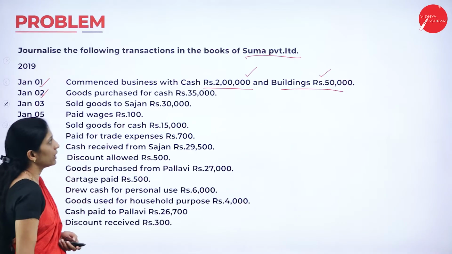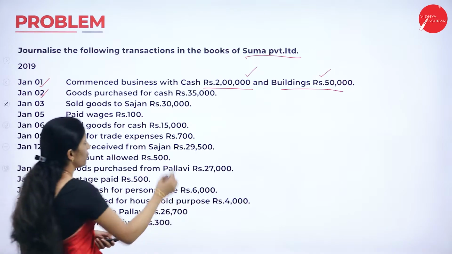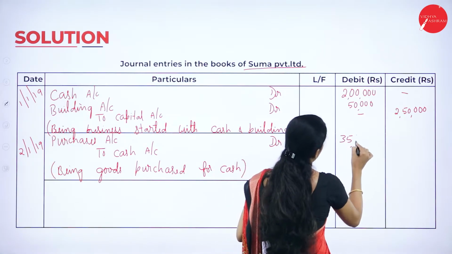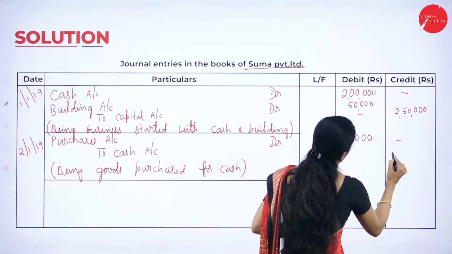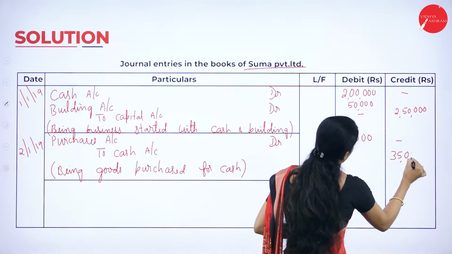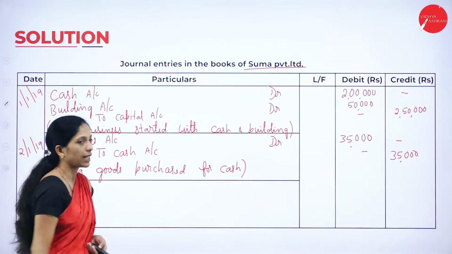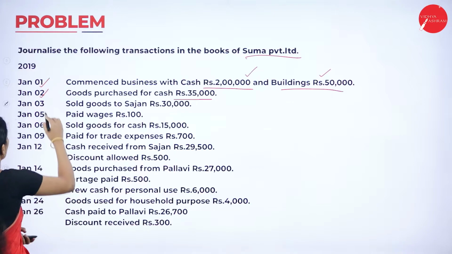And what is the amount? 35,000. So hope you are clear with the second journal entry. Now go to the third one.